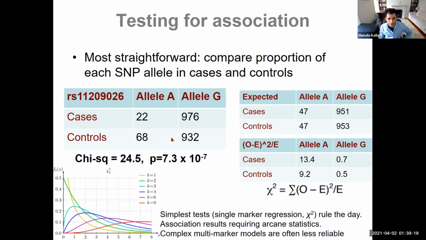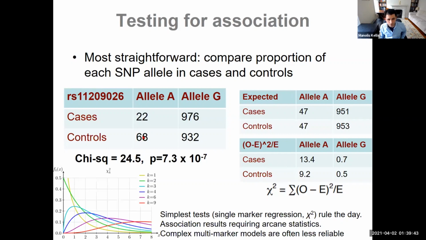Okay, let's look at the numbers here. For allele G, you see that we have 900 cases, 900 controls. Well, great, that's what I would expect here. But wow, wait a minute, I see way more allele A among my controls. So that suggests that perhaps allele A is protective.